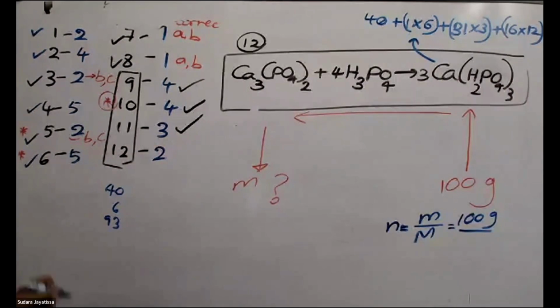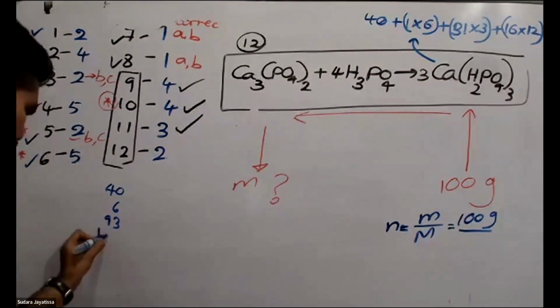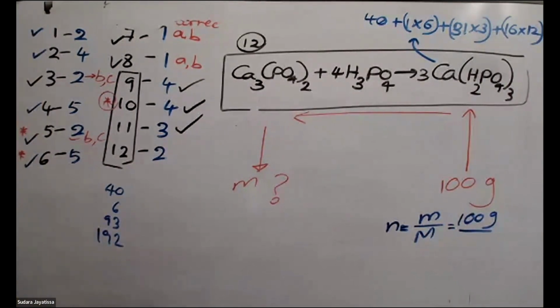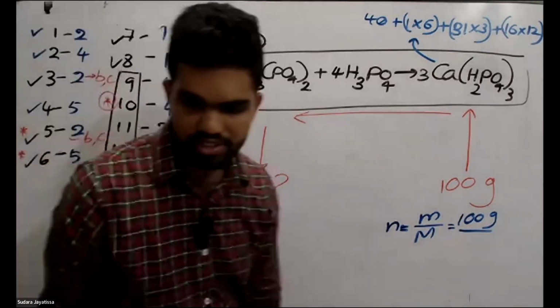And 16 into 12, 192. So if you add them, 331.